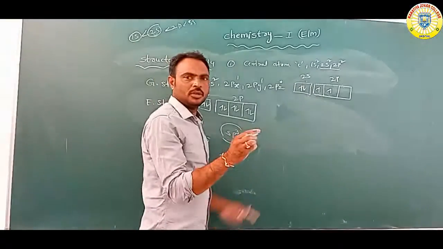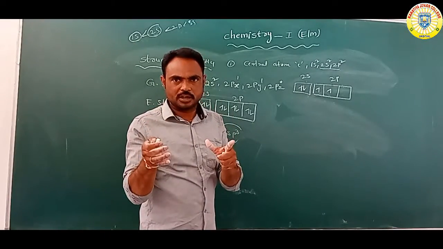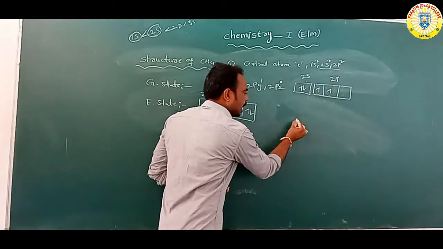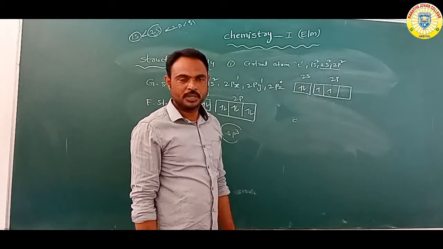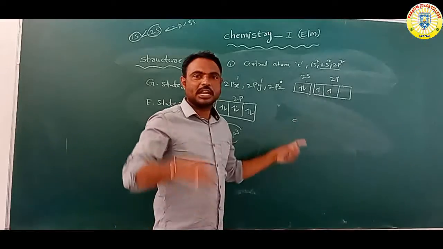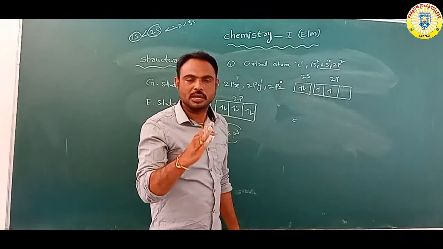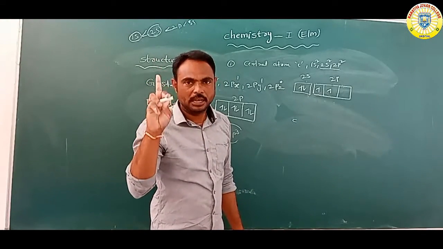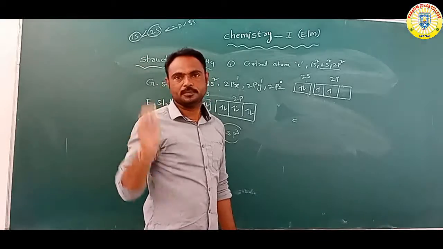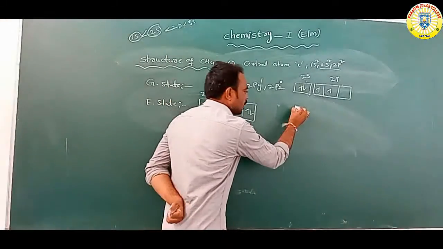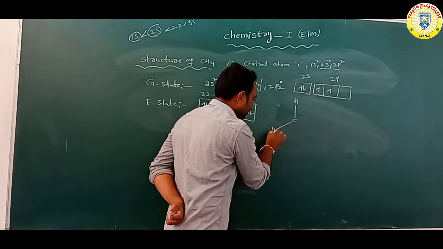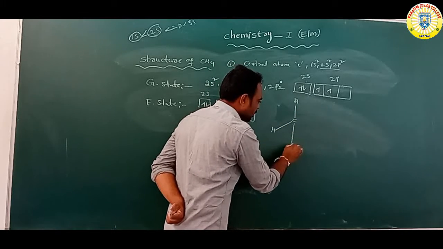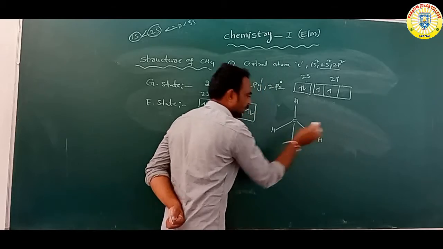Okay, suppose we draw the structure of methane. Carbon is the central atom. The carbon atom is attached with 4 hydrogen atoms by single bonds, or sigma bonds.